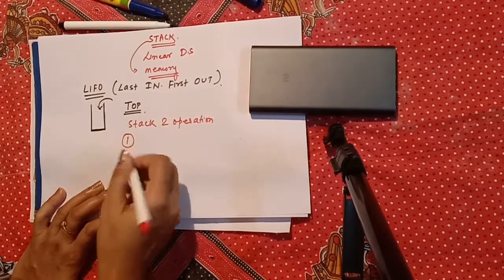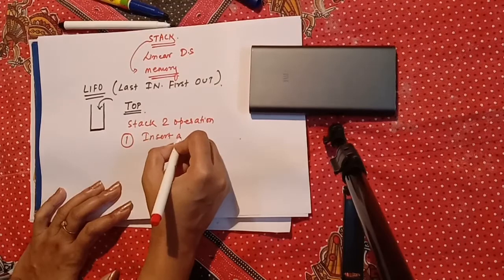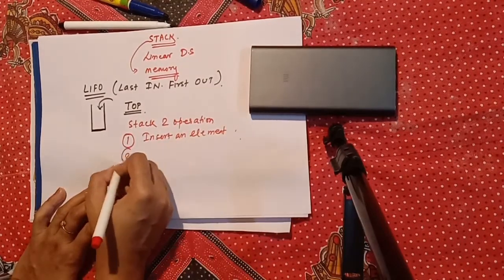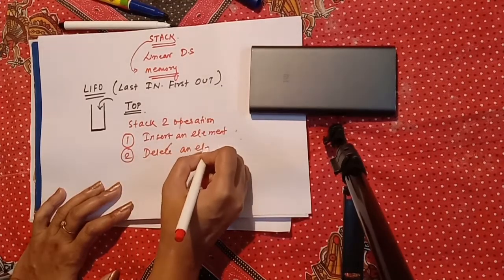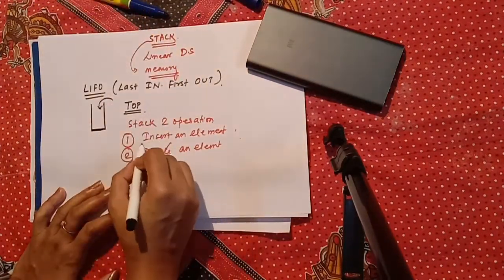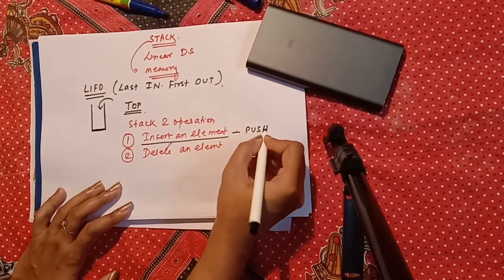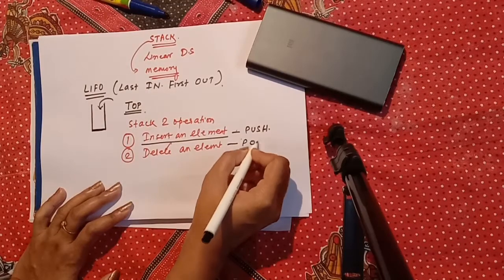Number one, inserting an element. And number two, deleting an element. Now to insert any element, we use the term push, and to delete an element we use the term pop.